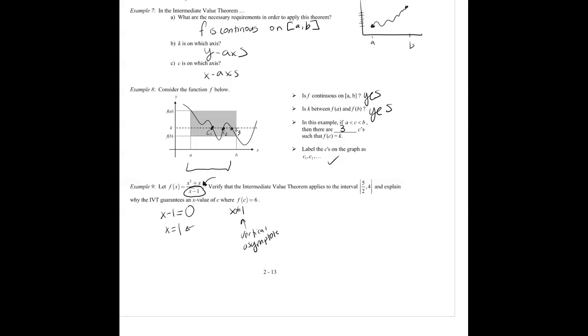Alright, so then I go and I'm like, is 1 in my interval? Well, 5/2, that's 2.5 to 4. 1 is nowhere in that interval. So, since it's not in that interval, yes, it's continuous on this interval.